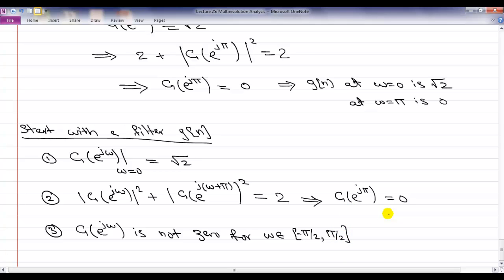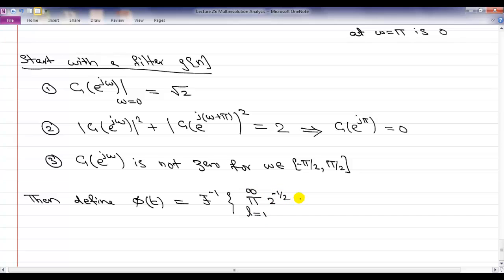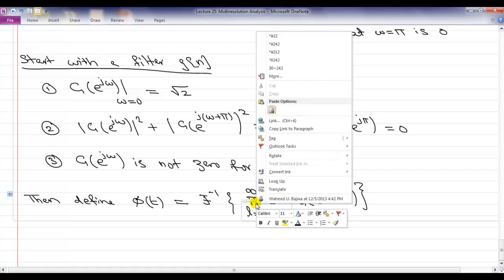If you start with a filter that satisfies these properties, then you can define a scaling function phi of t as the inverse Fourier transform of this infinite product, L equal to 1 to infinity, 2 to the minus 1/2 g of e to the j omega over 2^L. And of course, this limit needs to exist, right? And we won't go into those technicalities.